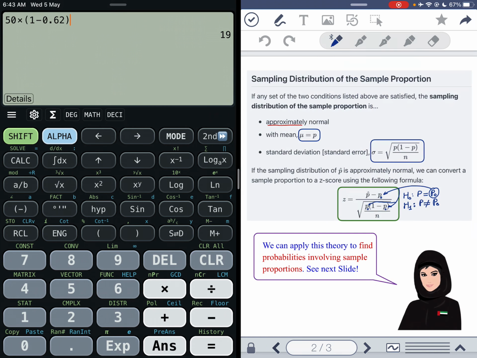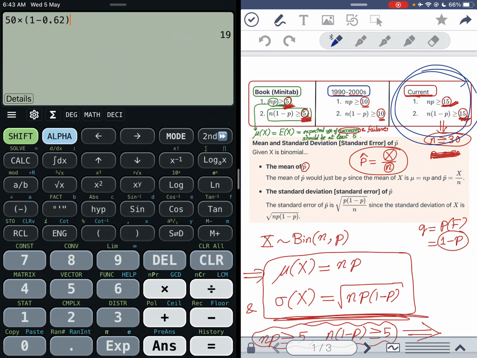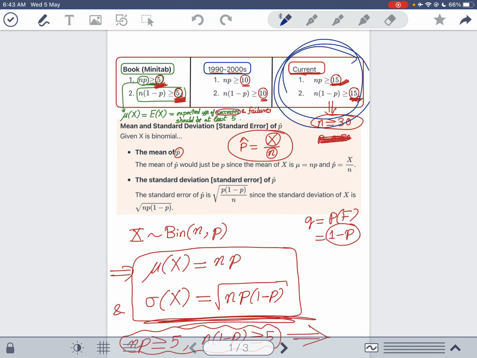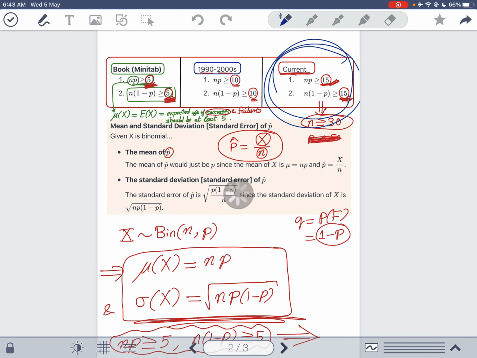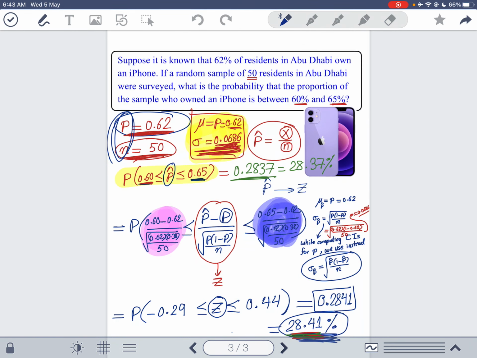So we can be comfortable with this, because the smaller of them is 19. So this means that it will be a very good normal approximation. Okay, and for confidence intervals, that will be the last thing that we do.